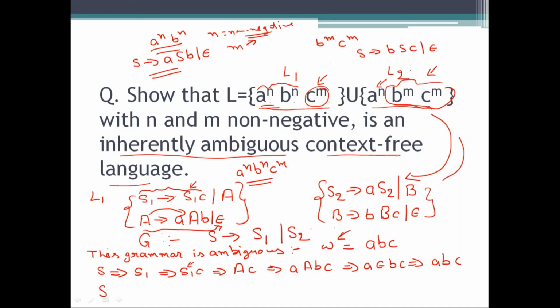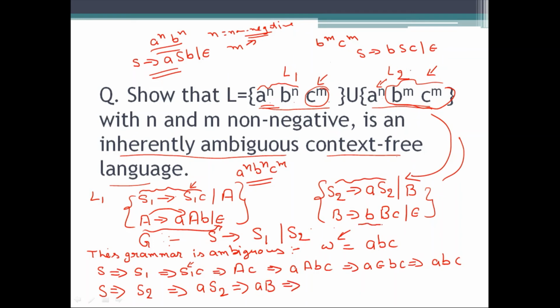Again we can have S rewritten as S2. Next, AS2, this production S2 is rewritten as AS2. Then S2 is going to be replaced by B, so AB.